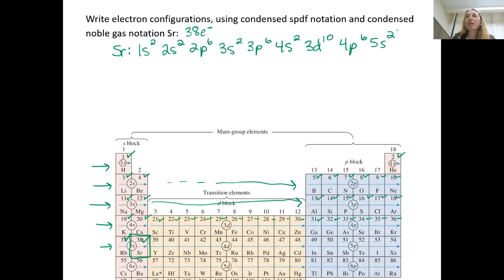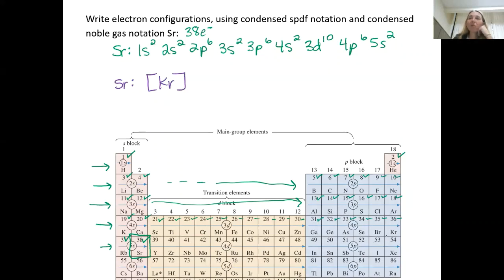Okay, so then I wrote up here condensed noble gas notation, right? So there's a shortcut where we can go through and do this. And so let's do the shortcut. Okay, so as I'm building up the electrons in this atom, I know that if I get to krypton, I'm just going to write it here.